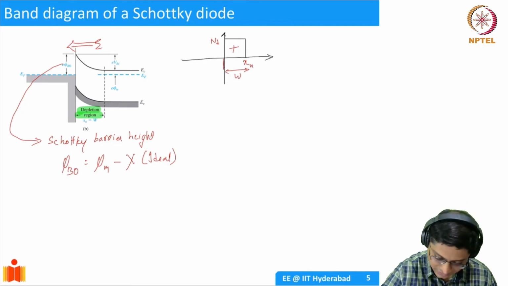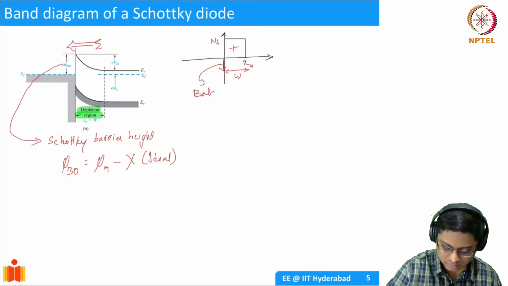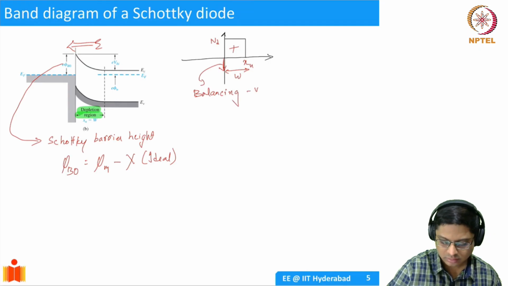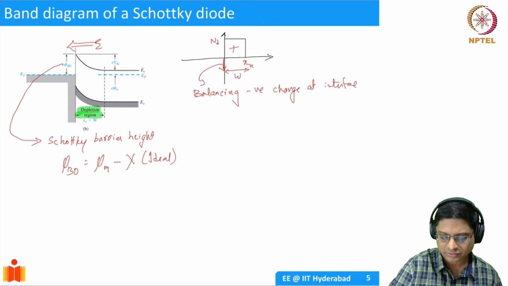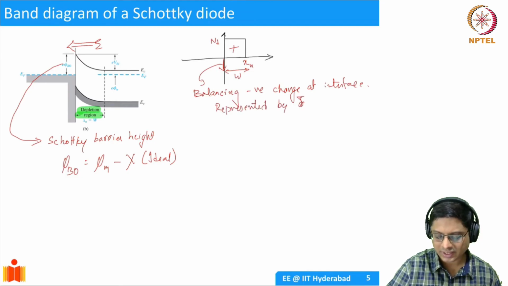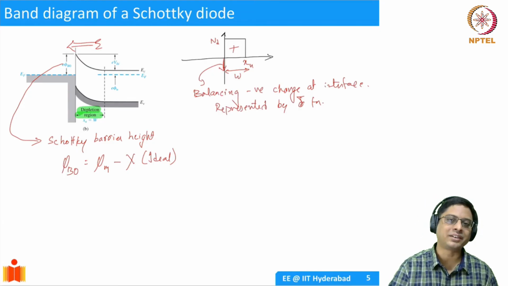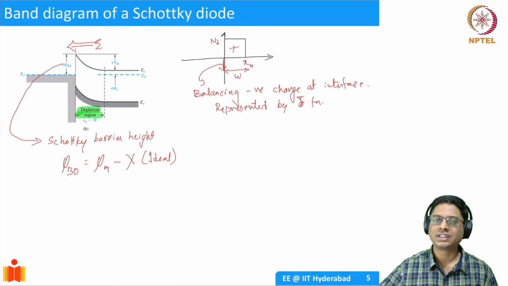This is your balancing negative charge at the interface, represented by a delta function. Why is it a delta function? Well, it's a metal, so there cannot be any electric field in the metal, because the charges will rearrange and neutralize the electric field.